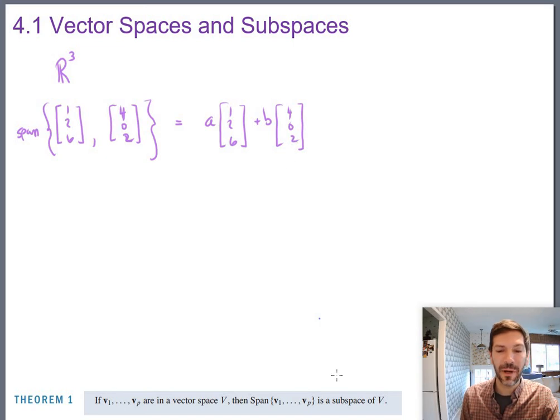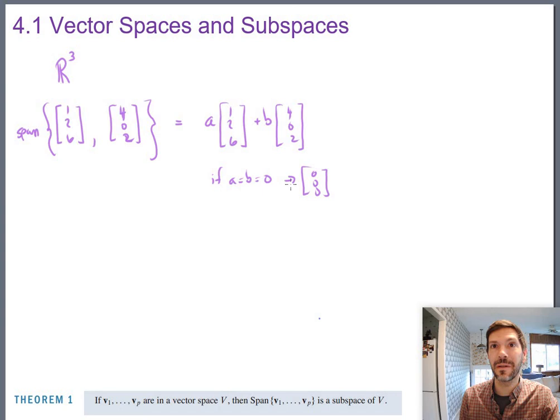The claim of Theorem 1 is that this is a subspace of R3. Notice that it contains elements from R3, so 7 of the conditions are inherited automatically. We just need to check if the 0 vector is in there. If I pick A to be 0 and B to be 0, then what I will get is the 0 vector here. So the 0 vector is in there.